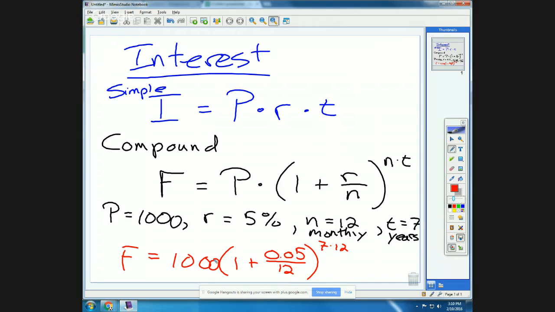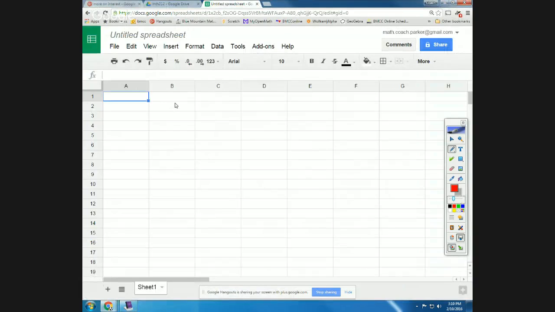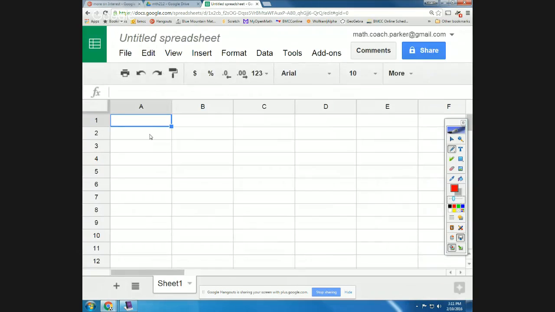All right, so I'm going to whip out my Google calculator. If I can type this in a spreadsheet. 1,000 times parentheses 1 plus 0.05 divided by 12, close parentheses.